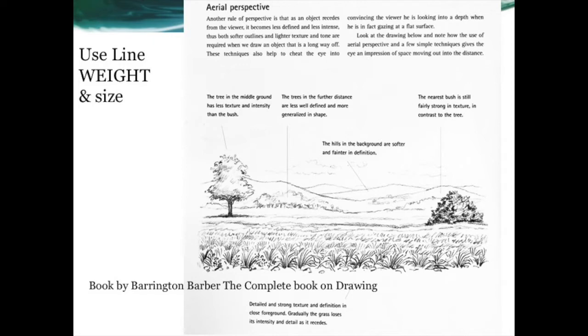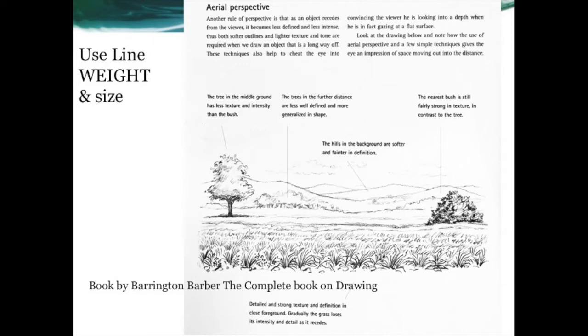It's from a book by Barrington Barber called The Complete Book on Drawing. It's one of those you can get in the bargain bin at a bookstore that my mom had. Some of them aren't so great, but it's got some really good illustrations in it.